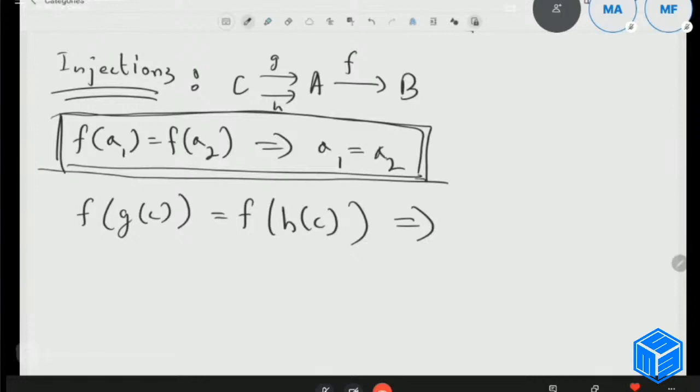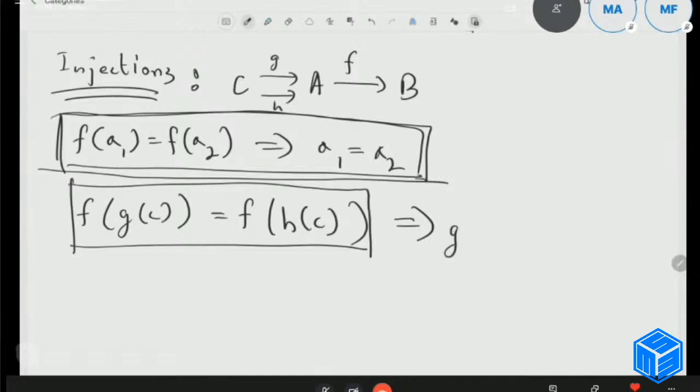Perfect. So now we have two maps going into A from C, parallel maps G and H. What can we infer from this assumption? This implies that G and H have to be the same map. So G of C equals H of C, and it doesn't matter what C I picked, so it's for all C. So G and H are actually the same map.